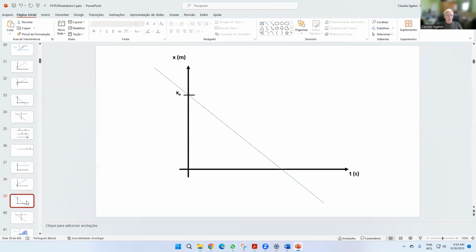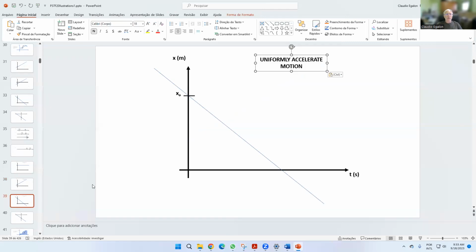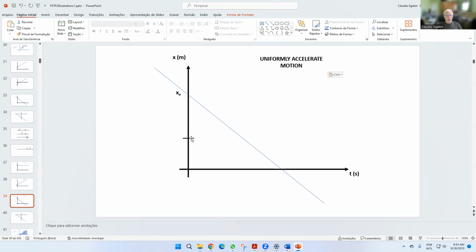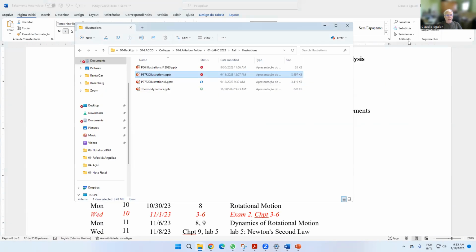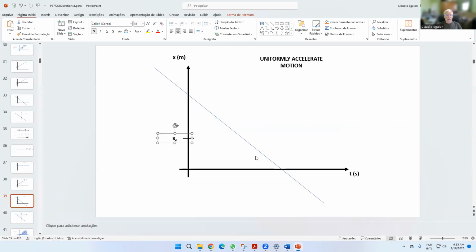The next graph is going to be a little bit more difficult. It still is going to be x, but let's say I put x naught right here, and it's not going to be a straight line. Let's go back to our equations. It's going to be a parabola, right? Let us see if I can draw a convincing parabola here.